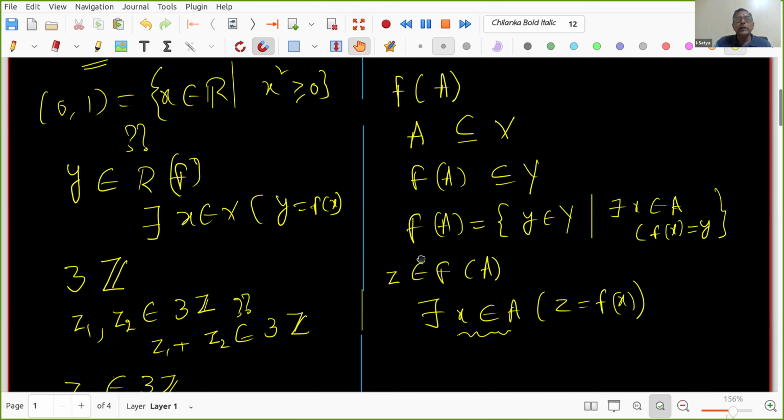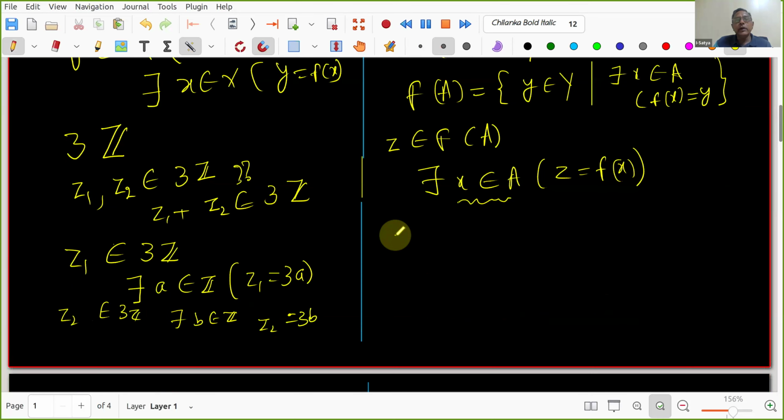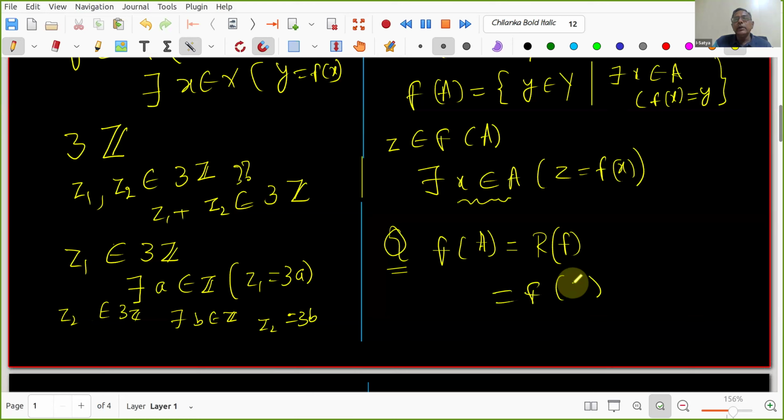Okay, I told that. So I am giving one question to you, right? People need to ask questions like this. F of A is equal to range of f. Okay. Then it is also equal to f of some set. Can you tell me what is that? Anyone ready to tell?